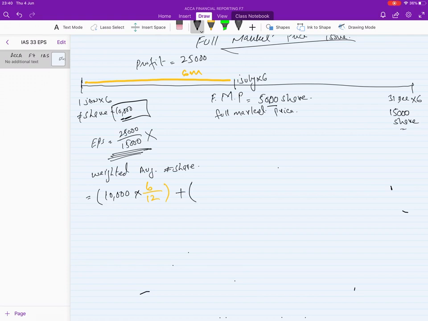Now on 1st July, the event has arrived. On this day you issued 5,000 more shares. It means you had 10,000 before and you are issuing 5,000 more, so 10 plus 5 is equal to 15,000 shares.